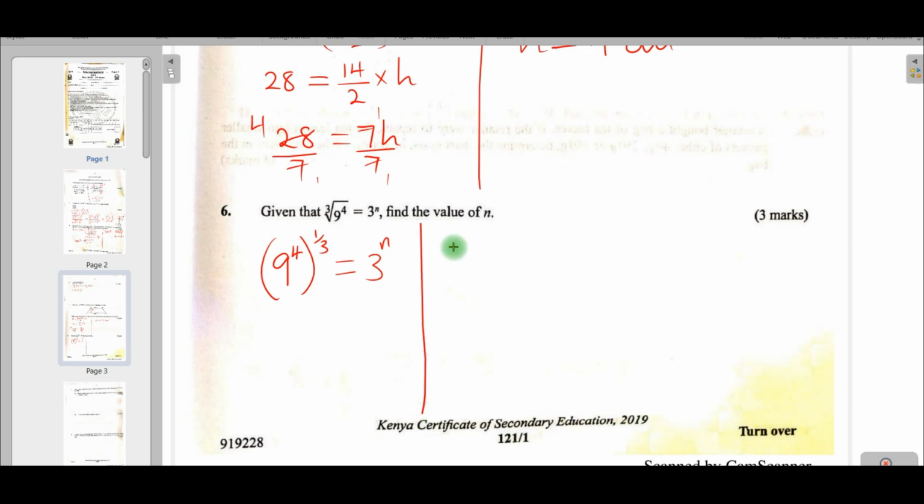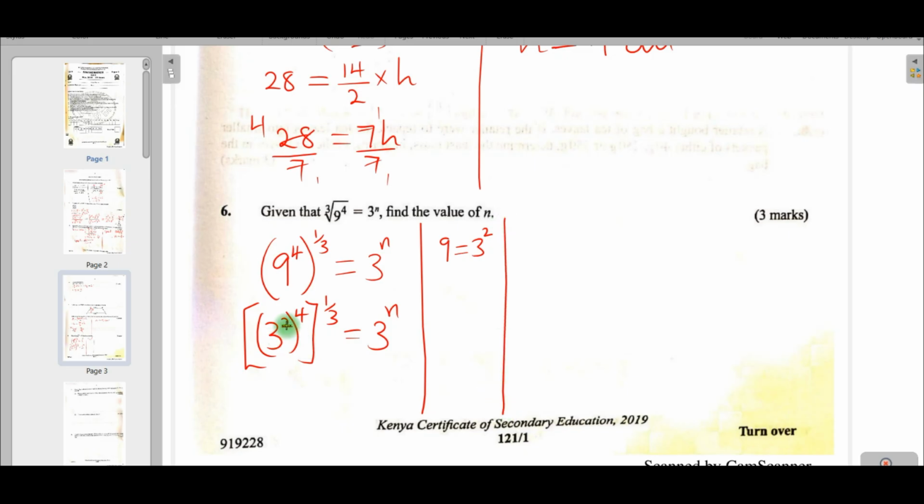Remember that 9 can also be written as 3 raised to 2, and therefore we have 3 raised to 2, raised to 4, and everything again raised to a third will be equal to 3 power n.